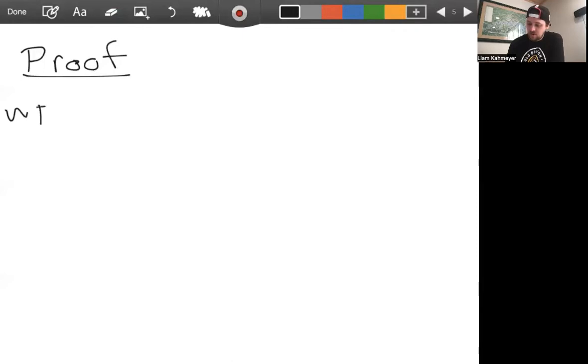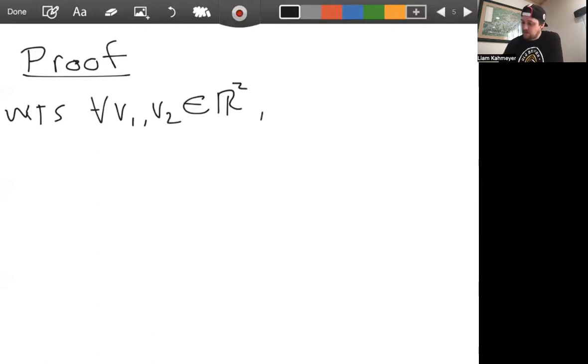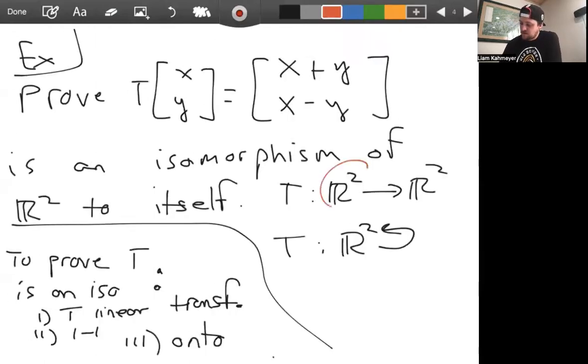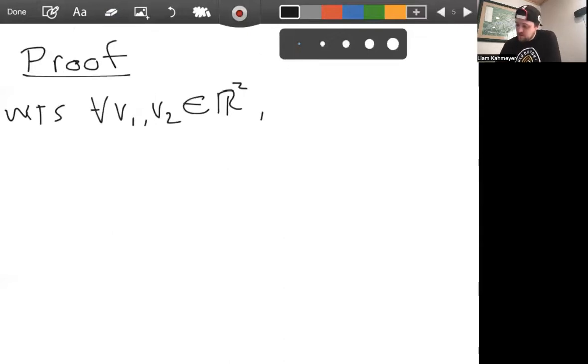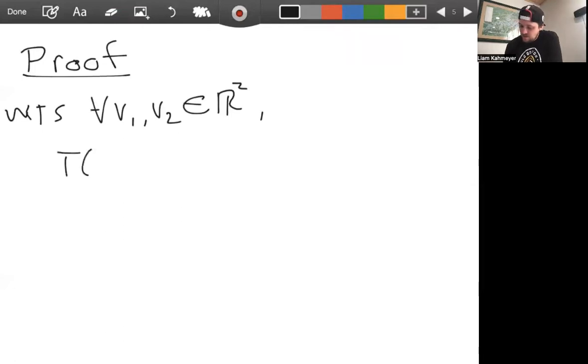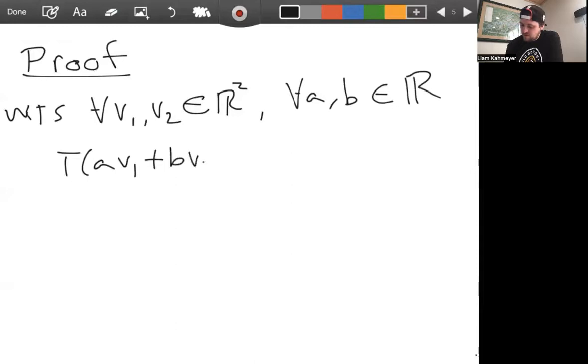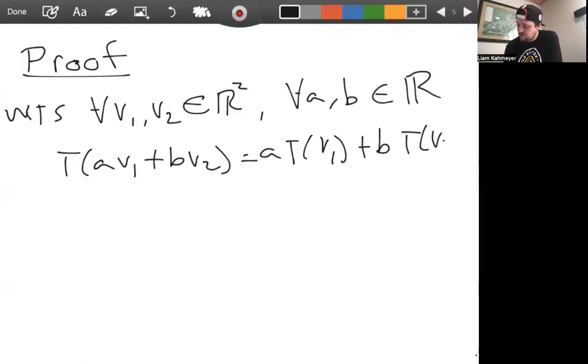It means we want to show that for all vectors V1 and V2 in R2, because that's our domain here, and for all scalars a and b in R, T of a V1 plus b V2 is equal to a T V1 plus b T V2. We need to show this linearity property. So this is what we want to show.